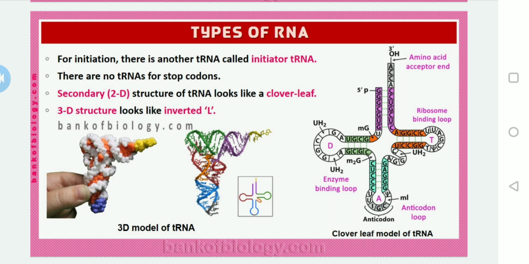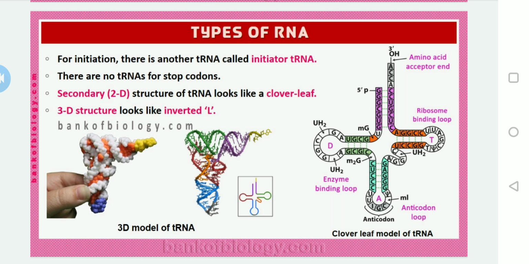This resembles the leaf of a clover plant. That is why it has been given this name: the structure of tRNA resembles the leaf of the clover plant. The botanical name of the clover plant is Trifolium dubium.